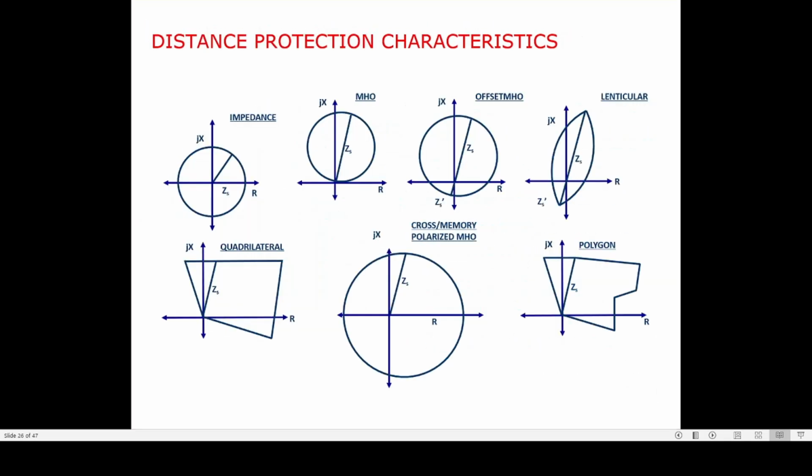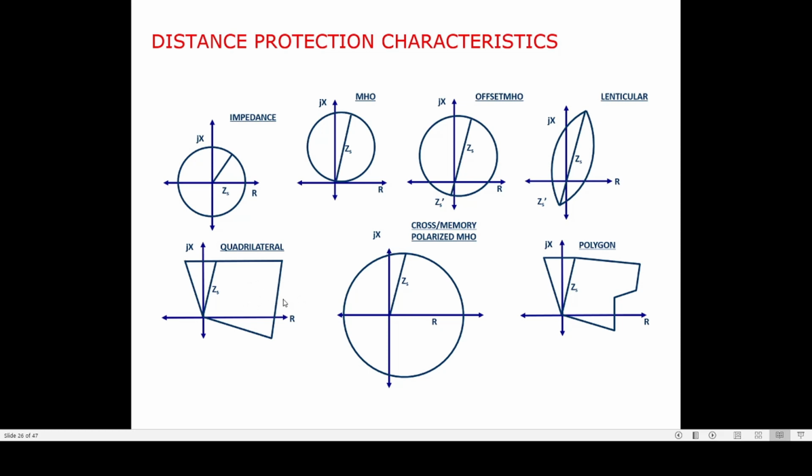So in this quadrilateral characteristic, due to the increase of resistive reach, there are chances that in case of higher loading of transmission lines, this load characteristic might enter inside the quadrilateral characteristic and the relay might trip on the higher loads. This is again not a desirable feature.